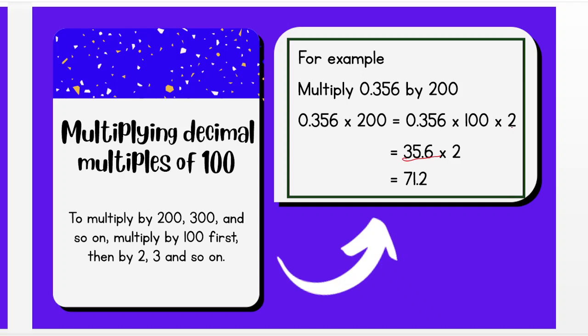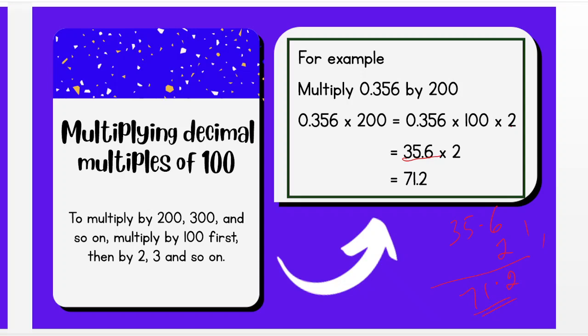Then what you have there is 2 times 2, so that means 35.6 times 2. 2 times 6 is 12, you write 2 and carry 1, 2 times 5 is 10 plus 1, you put your decimal point, that is 11, carry 1, 2 times 3 is 6 plus 1, 7, so 71.2. I hope this is clear.